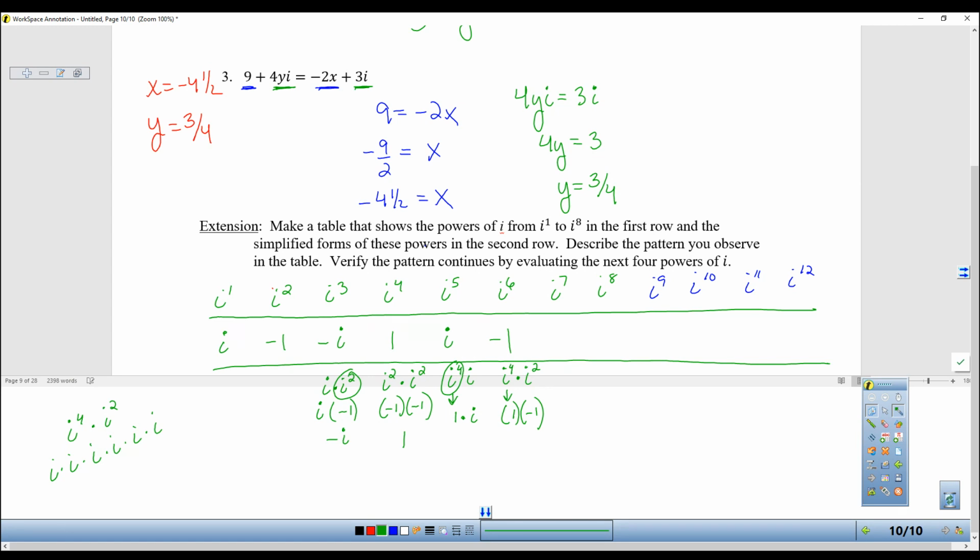You see the pattern yet? If you do, you can skip ahead. i to the seventh is going to be i to the fourth times i cubed. i to the fourth is 1 and i to the third is -i. When I multiply them, I get -i. Last one, i to the eighth: i to the fourth times i to the fourth is 1 times 1, which is 1.